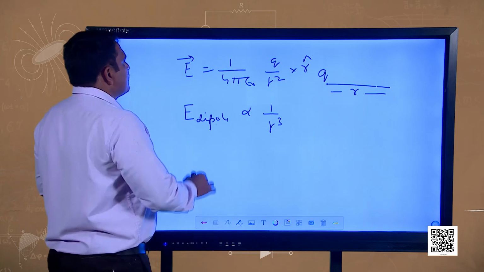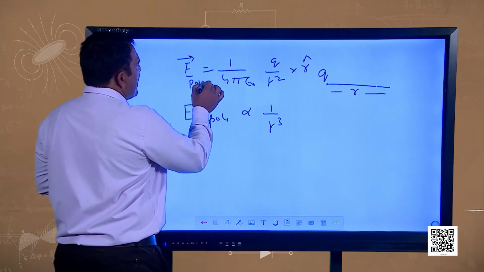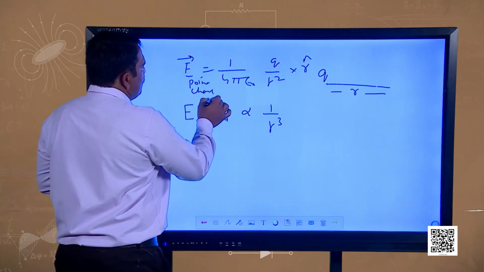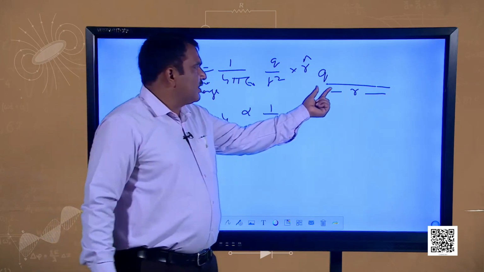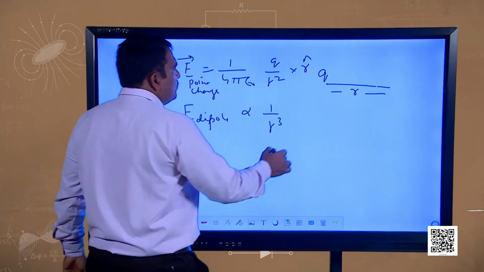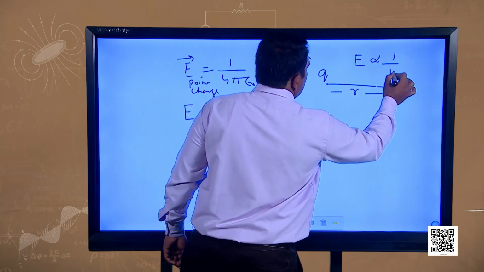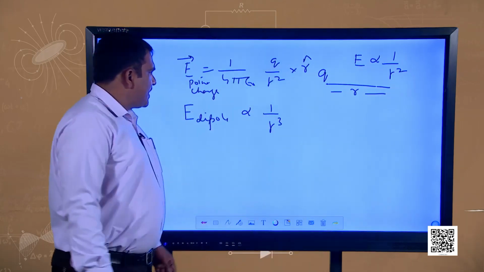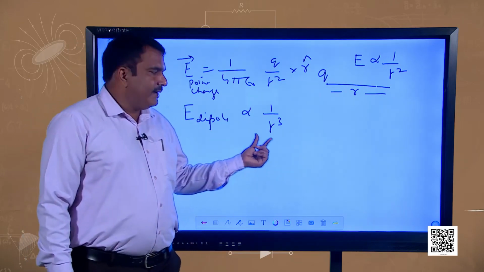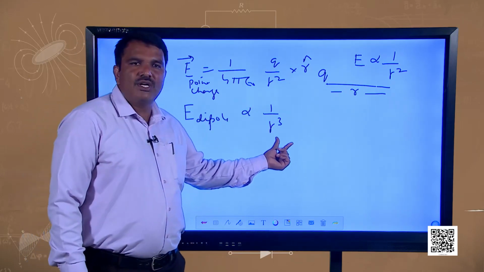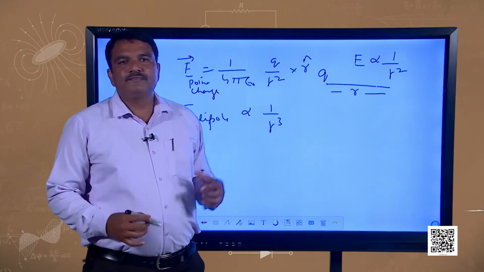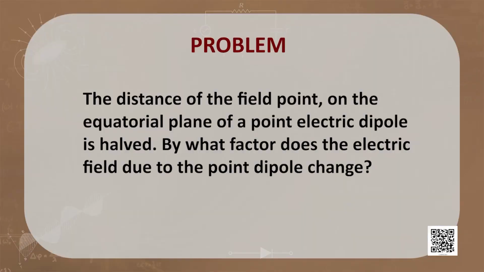So, you can easily observe that for a point charge, electric field is inversely proportional to r square, whereas for a point dipole electric field is inversely proportional to r cube. Let us move on to another problem.